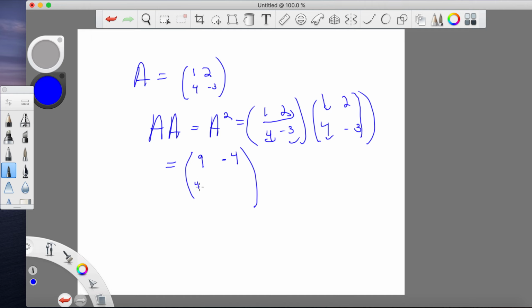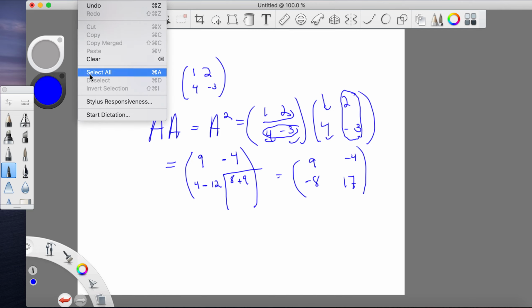So that's going to give me 4 minus 12. And then finally, this and this. So that's going to give me 8 plus 9. Okay, so that's going to give me 9, negative 4, negative 8, and 17.